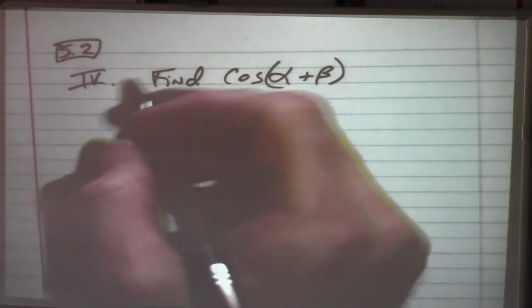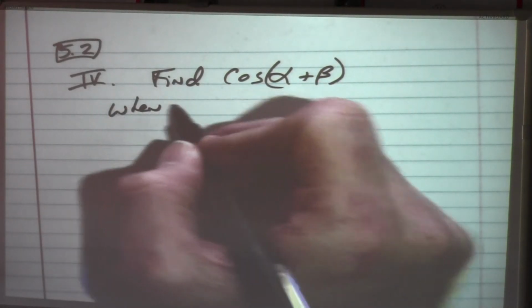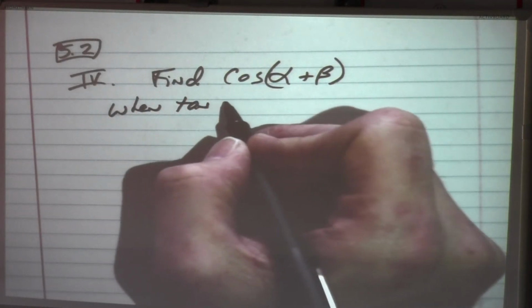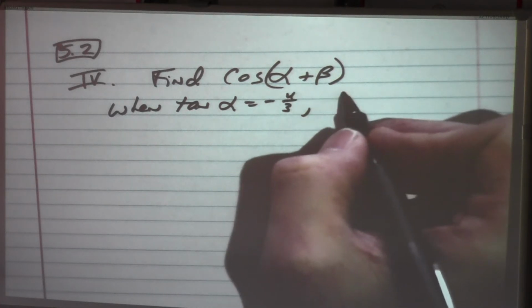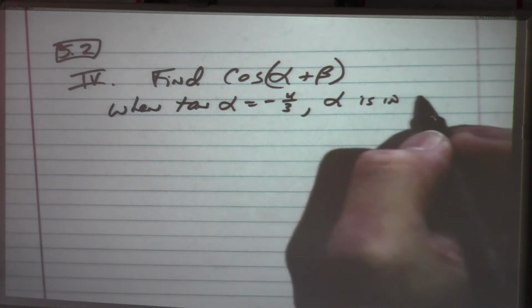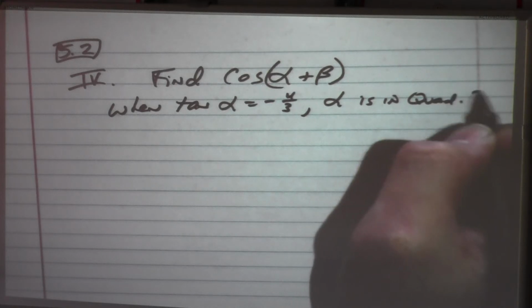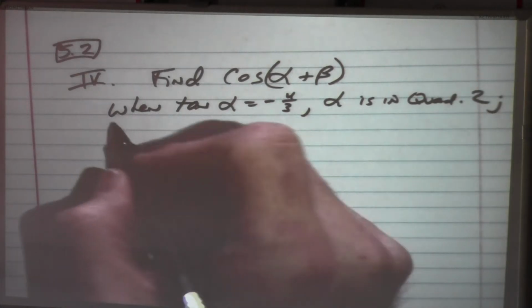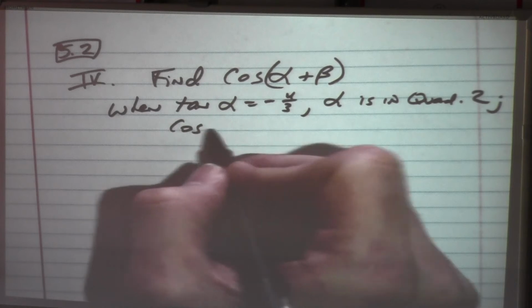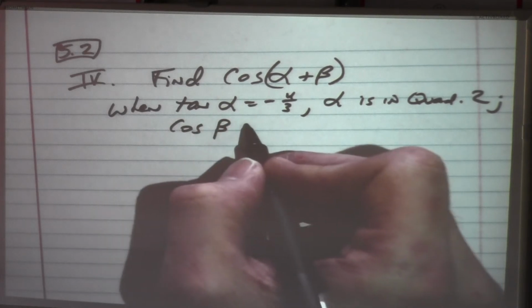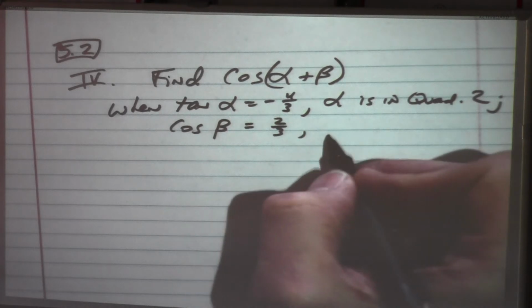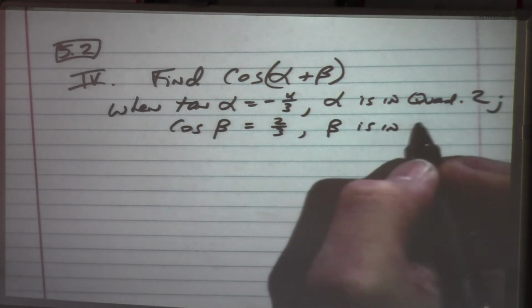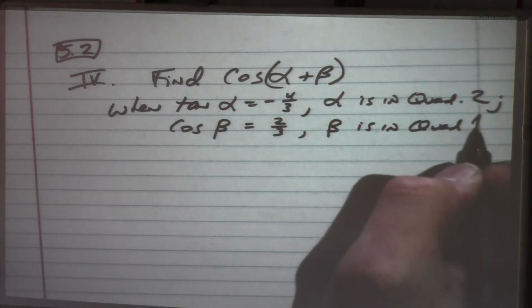So here's the information you're given. The tangent of alpha is -4/3, and alpha is in quadrant 2. And you're also told that cosine of beta is equal to 2/3, and beta is in quadrant 1.